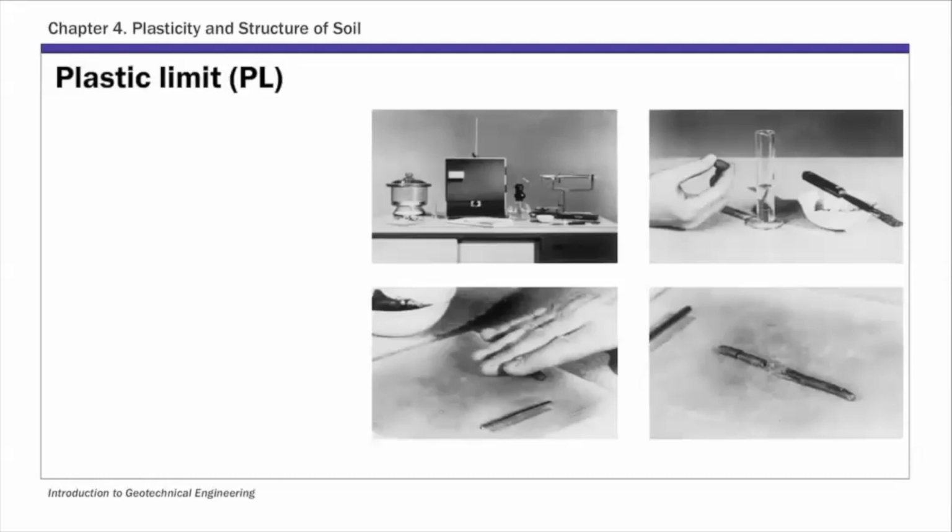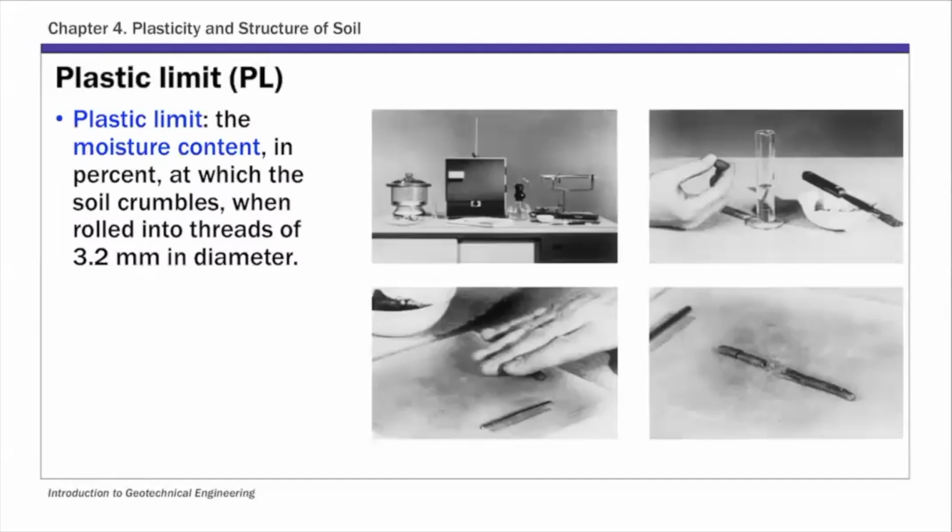And so for plastic limit, you prepare a soil sample at different moisture content, and you roll that soil paste into threads. And plastic limit is a moisture content at which soil crumbles when rolled into threads of 3.2 millimeter in diameter. So that's the definition. That's how you get plastic limit from the lab test.